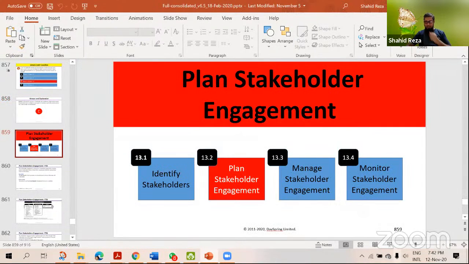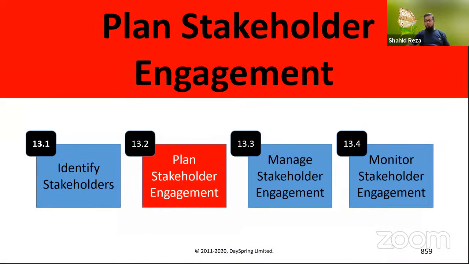So now we will start with plan stakeholder engagement. That means we have identified all the stakeholders and their expectations. Now our focus will be how do we engage those stakeholders? What will be our plan? We have done all the hard work.